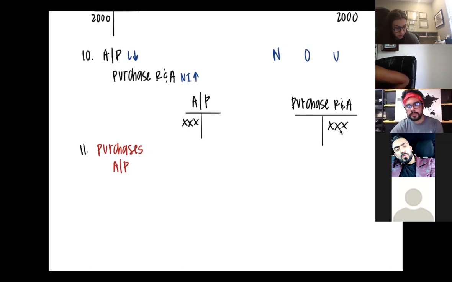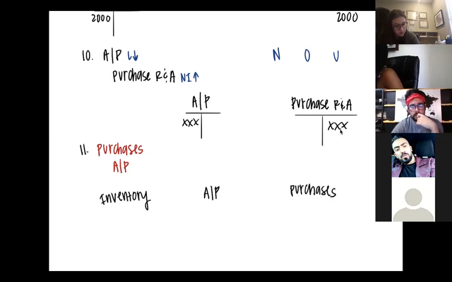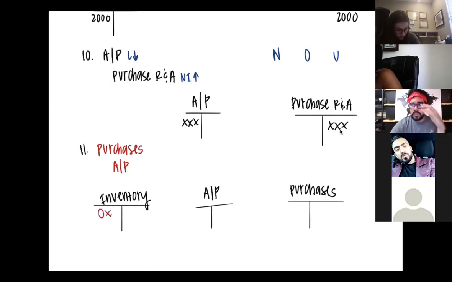So when I do the T charts, I'm going to do inventory, AP, and purchases. So now they included it in their ending inventory, which they shouldn't have. They increased their liability and they did their purchases.